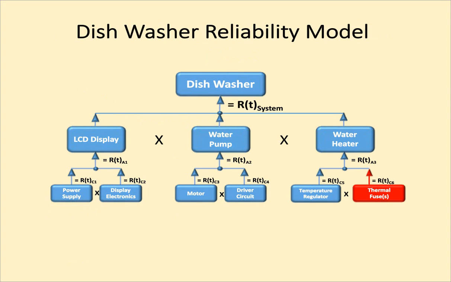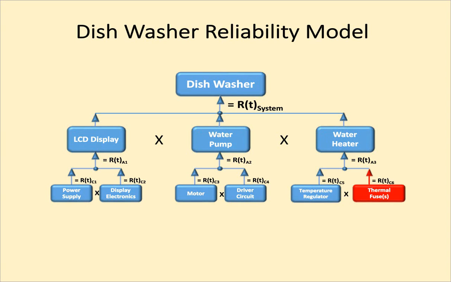So here's just another example, a little more complicated reliability model, hypothetical for a dishwasher. I put in three subassemblies, an LCD display, a water pump, and a water heater. And each of those subassemblies has two components driving it.